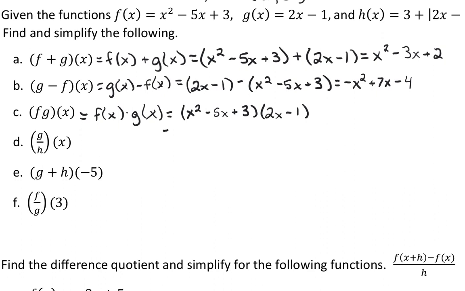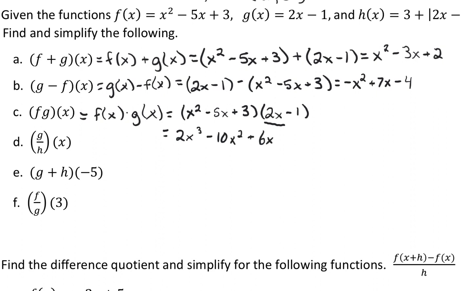So when we're multiplying a trinomial, which is f of x, trinomial means it has 3 terms, by a binomial, something with 2 terms, what we're going to do is take the first term of the binomial, 2x, and multiply it all the way through the trinomial. So that's going to give us 2x cubed minus 10x squared plus 6x.